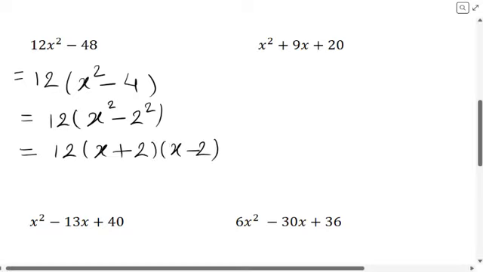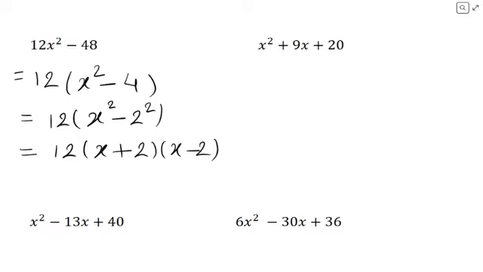Now this expression is a little bit different. There are no common factors among these three terms. So what we do is we get two numbers that multiply to 20 and sum to 9. The two numbers should be factors of 20. Like 1 times 20 is 20, but if you add 1 and 20, that would be 21, so this is not the solution.